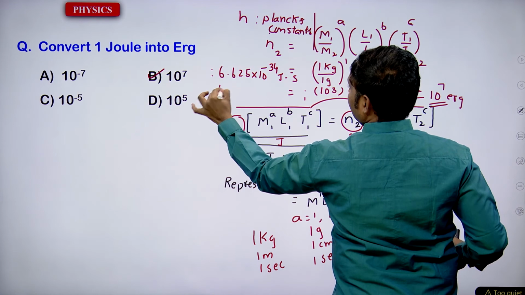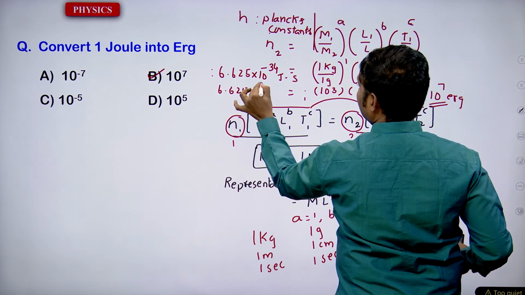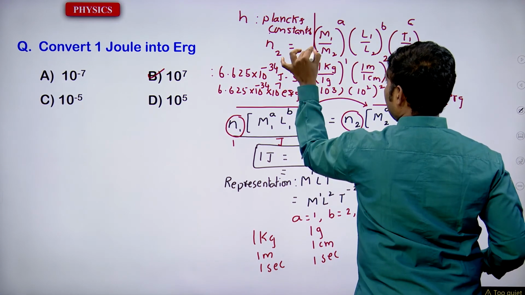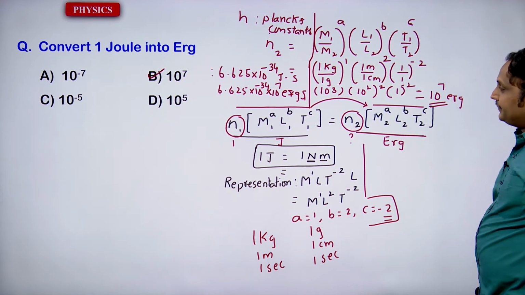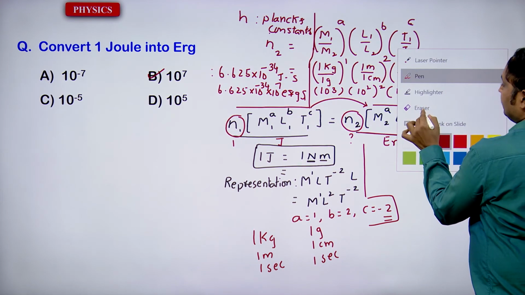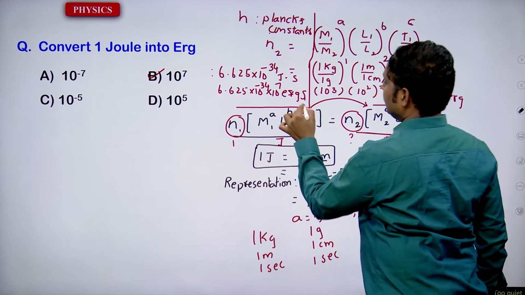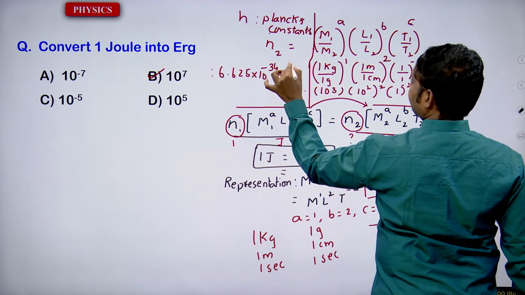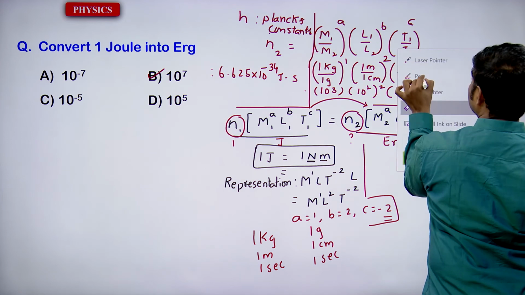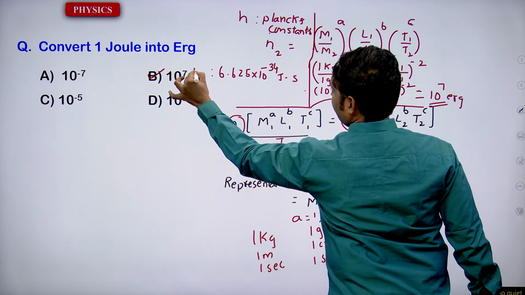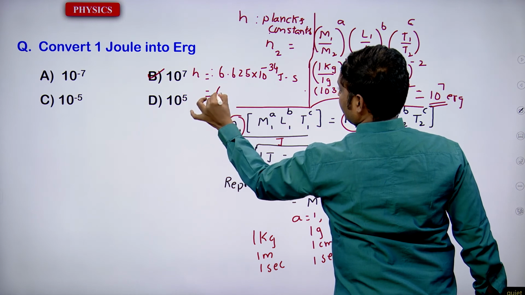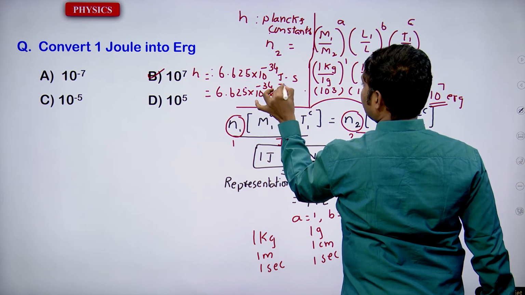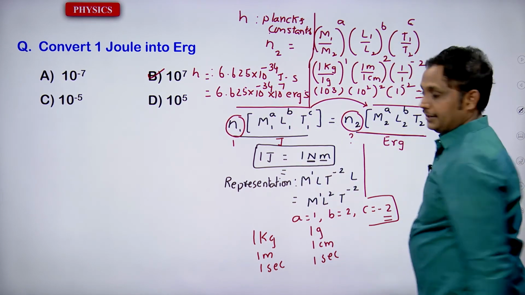So, 6.625 into 10 to the power of minus 34 into 10 to the power of 7 erg second. It is very clear. All right, you are getting that. Very easy for you getting this one. Yes, we are going to get the h value 6.625 into 10 to the power of minus 34 into 10 to the power of 7 erg second. It is very clear.